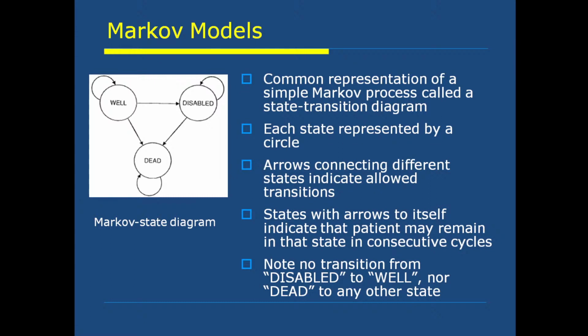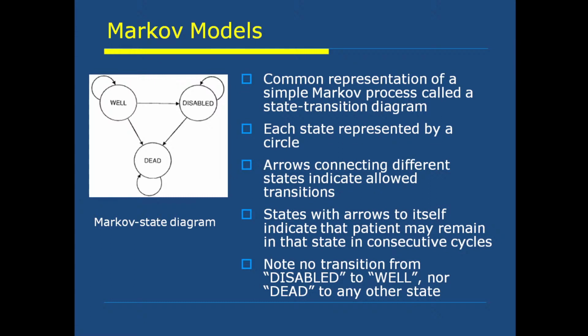Arrows connecting different states indicate possible transitions. States with arrows to themselves indicate that patients may remain in that state in consecutive cycles. So look at the well state.